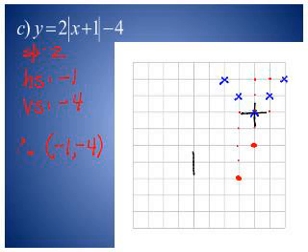Okay, here my point is at 2, 2 with my stretch shrink. 2 times 2 is 4, so I'm going to go up 4. Now I have to do my horizontal shift of -1 and my vertical shift of -4.